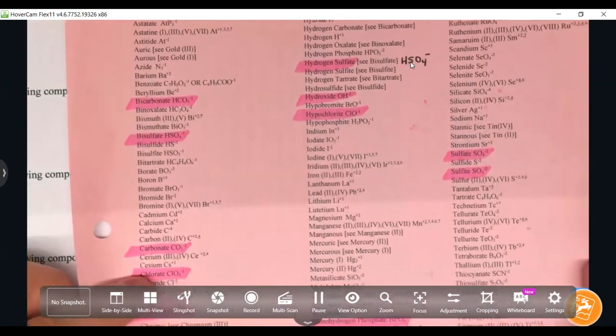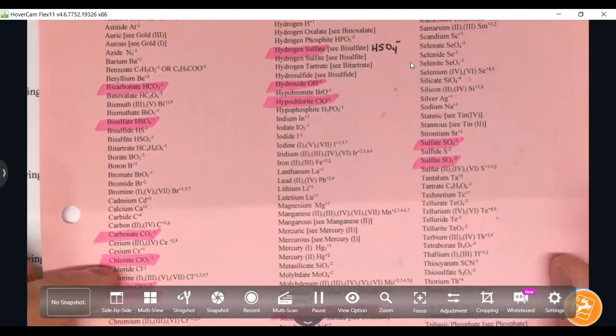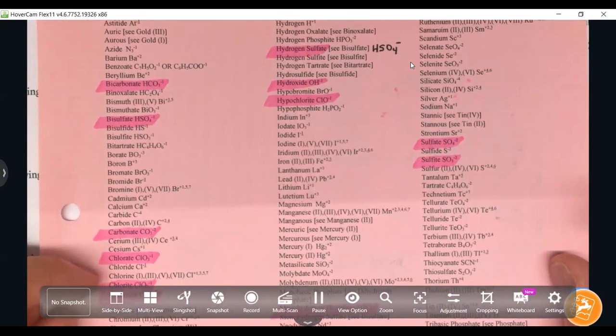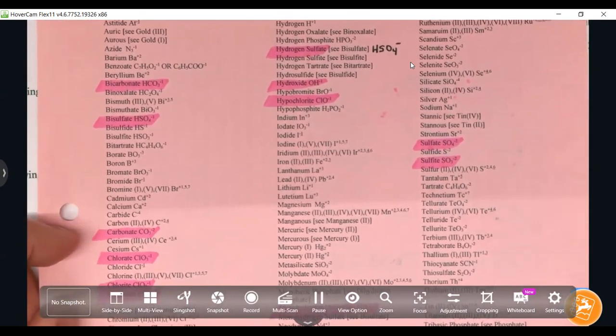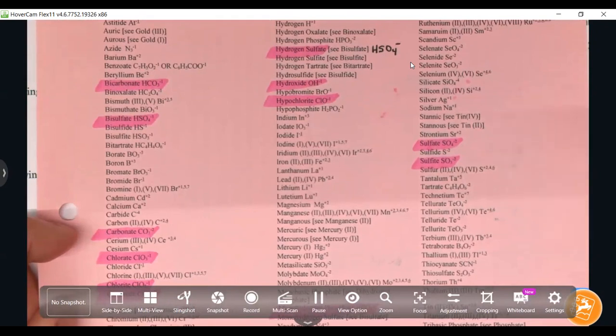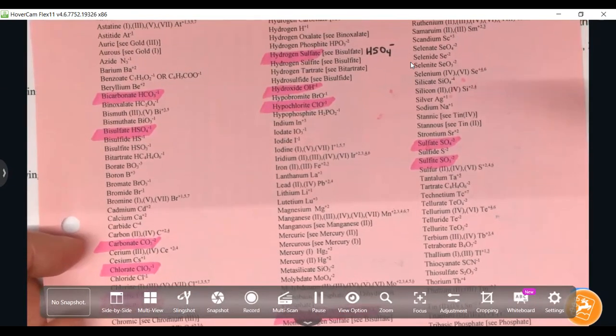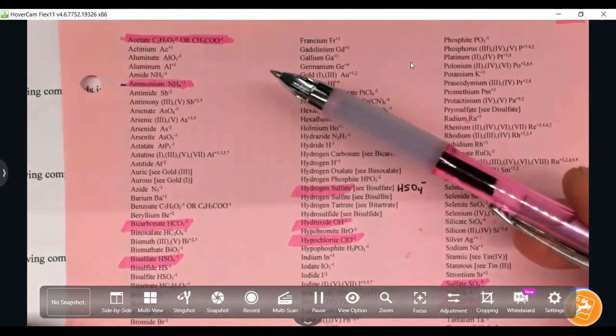So chlorite is right here. Good, and then those two.